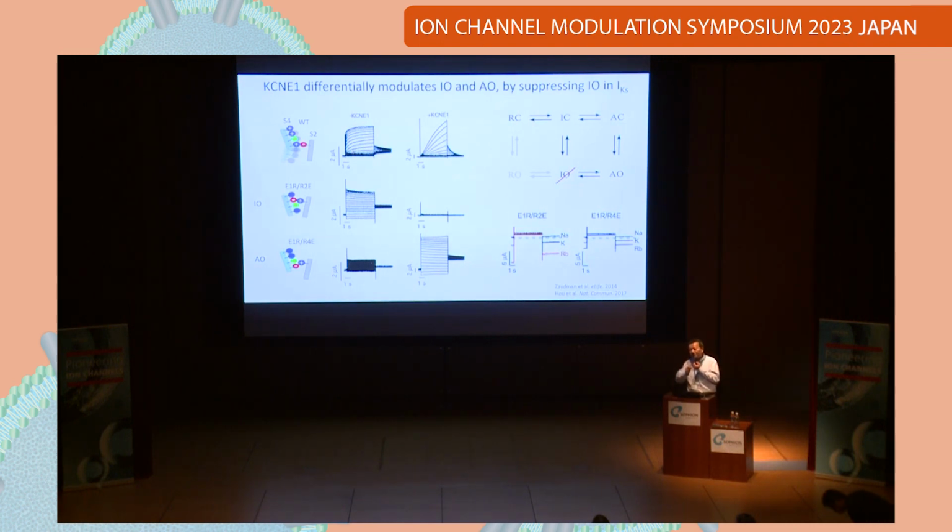And so it turns out that the intermediate open state and the fully active open state have very different properties. They act like 2 different channels. The intermediate open state has an ion selectivity that is different from the fully active state. And the KCNQ1 channel, without KCNE1, is predominantly in the intermediate open state.